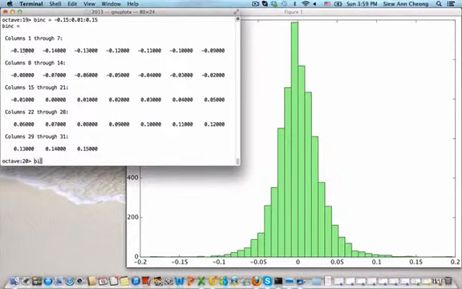So we can create these bin edges by doing this: from minus 0.155 in steps of 0.01 until we reach 0.155. And then we find that we have 32 bin edges that are covering the 31 bin centers.